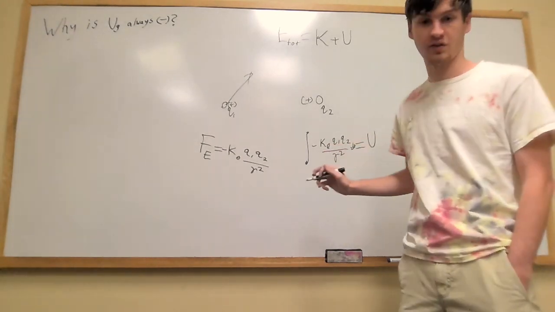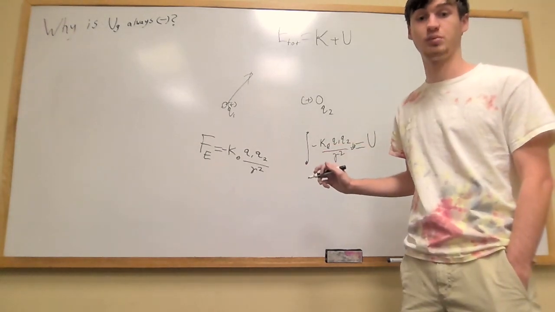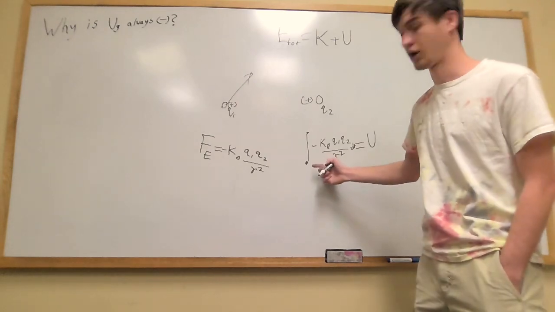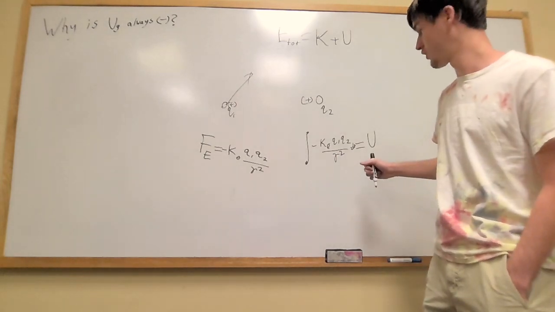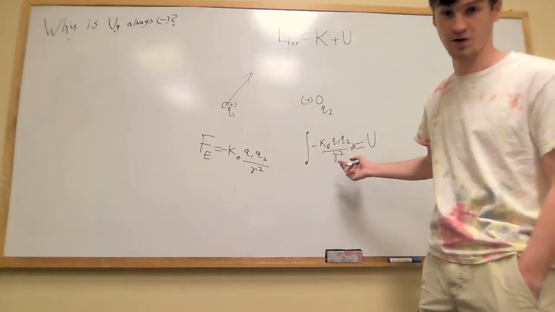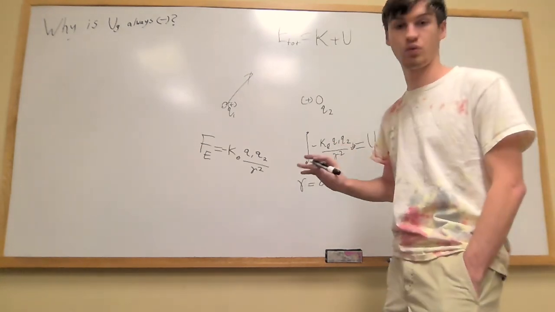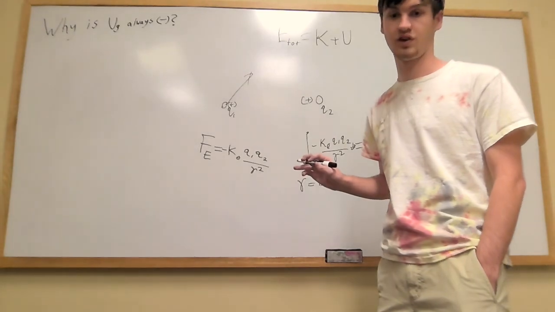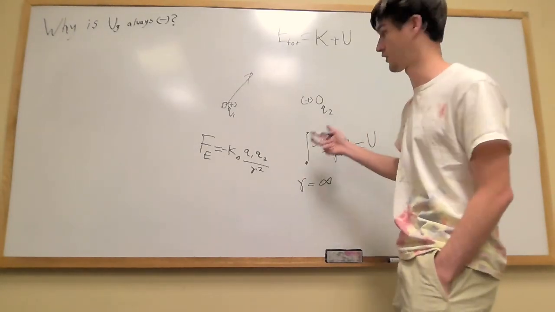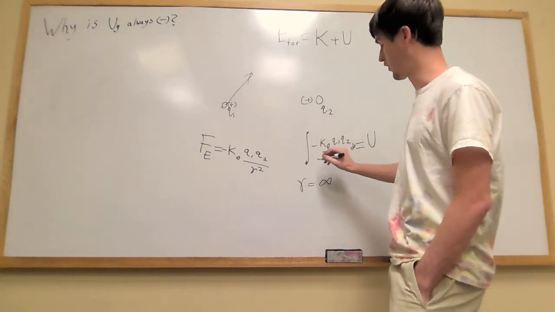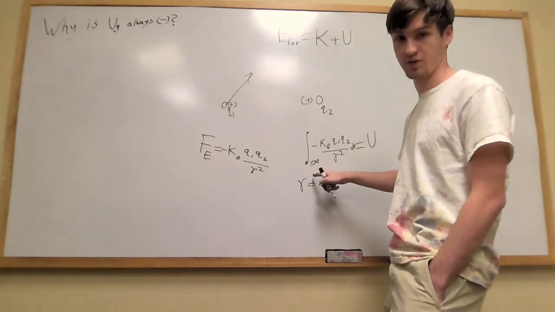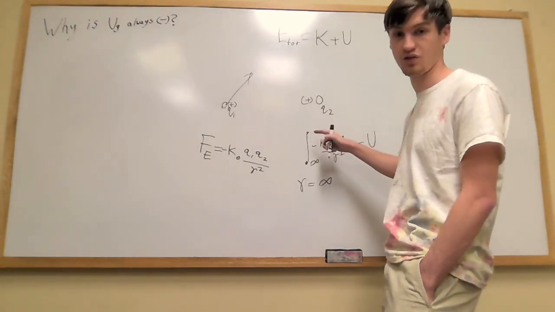Again, we need to talk about a situation where the potential would be 0, because we want our lower bound to have a potential of 0. Same deal: at r equals infinity, the charges will not interact with each other. They can't feel each other's repulsion or attraction, because in this scenario there can be either. So put r equals infinity on the bottom. Again, we want to integrate to a generic r.